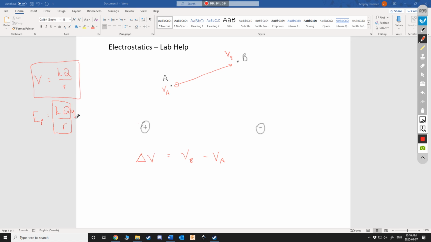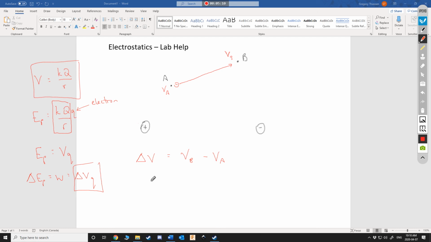This little q represents the electron charge. So instead of writing kQq over r, EP is just going to be voltage times q. If we want to find the change in energy, also known as the work, it's going to be delta V multiplied by q. This is what we're trying to solve for right now: how much energy it requires to go from A to B.